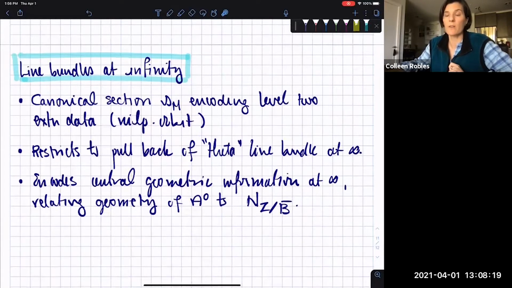In particular, they're encoding the nilpotent orbit. And the line bundles themselves are going to be related to pullbacks of theta line bundles that live over extension 1 level data. And I will explain all of that when we get to it. But this is a convenient place to introduce those line bundles.